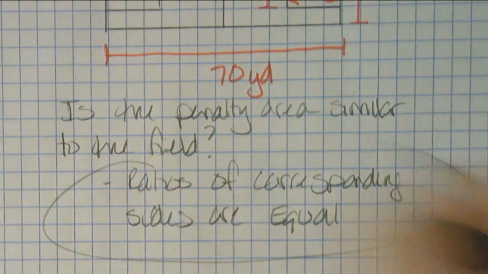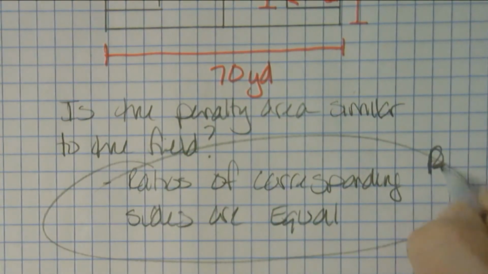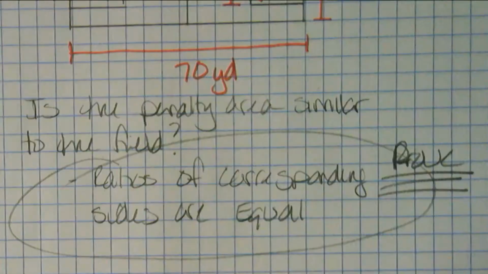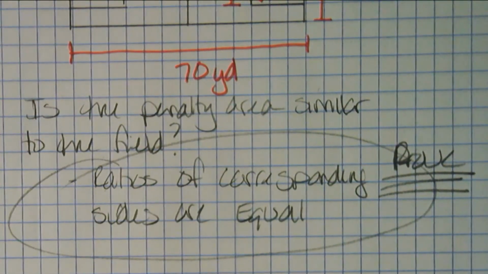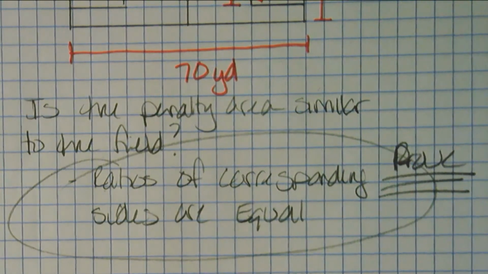This is what we are trying to prove, because I don't know that they are similar. If you remember, similar figures means the ratios of corresponding sides are equal. This is different than last night's homework where they told us the shapes were similar and we just needed to find the ratios. Here we don't know that they're similar. We need to prove that they are. So now we have to write the ratios of each one. Are you cool with that?